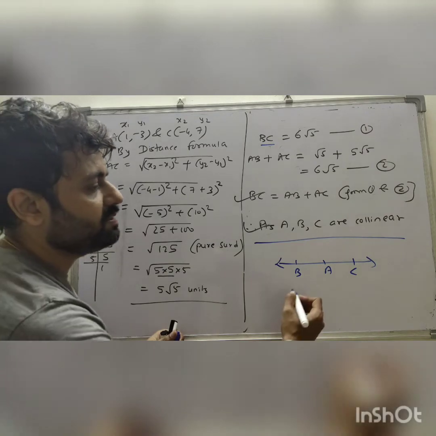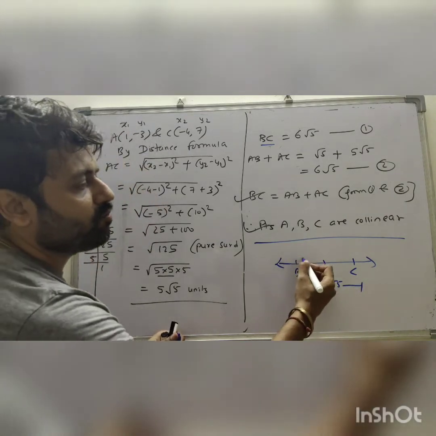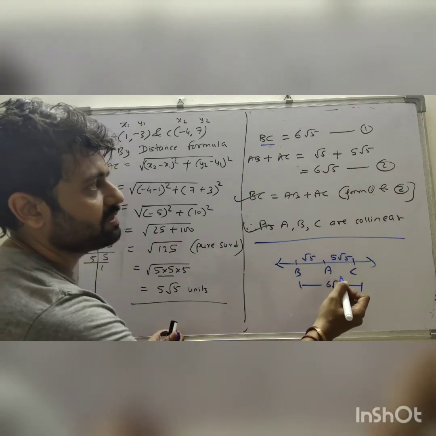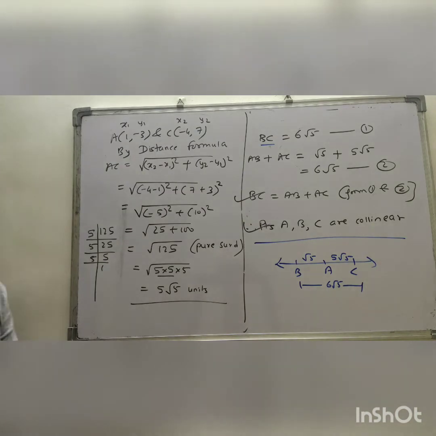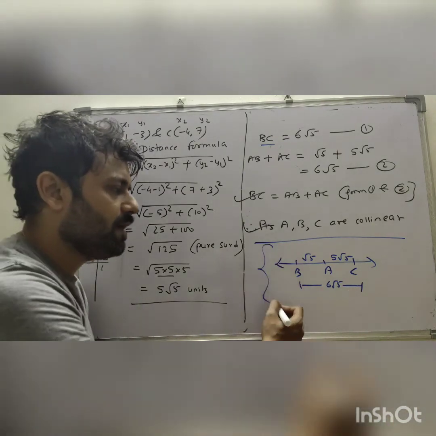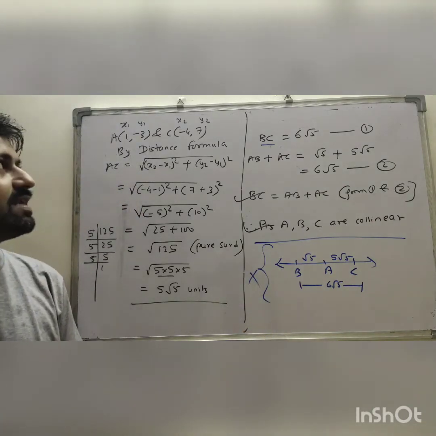BC जो है वो 6 root 5 है, AB जो है root 5 है, और ये जो डिस्टेंस है वो 5 root 5 है. That is total it will give 6 root 5. This is not the part of the answer, this is just for explanation. Please understand.